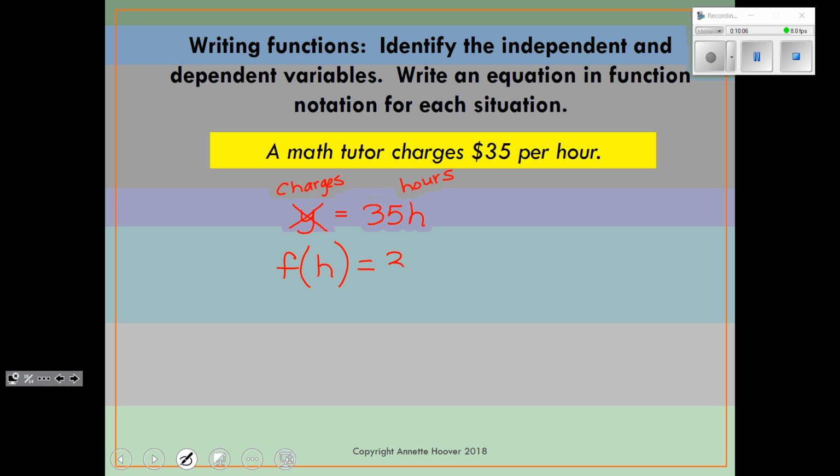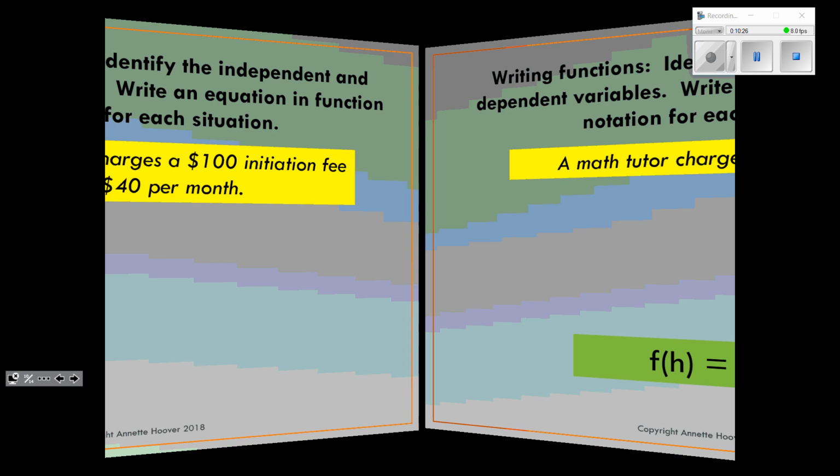F of h equals 35h. If you're uncomfortable with using h and you really are fond of x, then it would be f of x is 35x. Remember, x is just standing for an unknown number. It's just sometimes helpful to put a variable there that helps us put some meaning behind it.